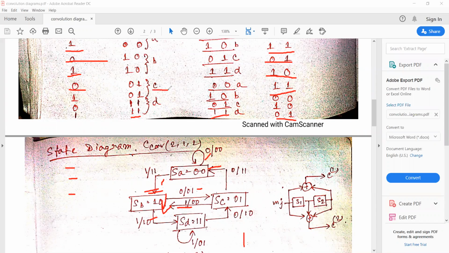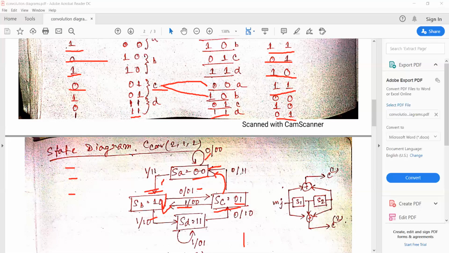You can consider C as 0, 1. So from 0, 1 we can go to A and we can go to B, right? So when I'm going from C to A, what is the condition? We are using input as 0 and output we will get as 1, 1. So C to A means 0, 1 to 0, 0, so you can see an arrow going in this direction.